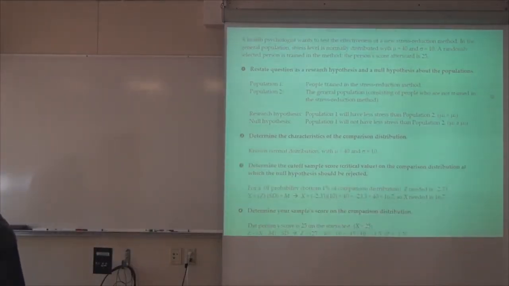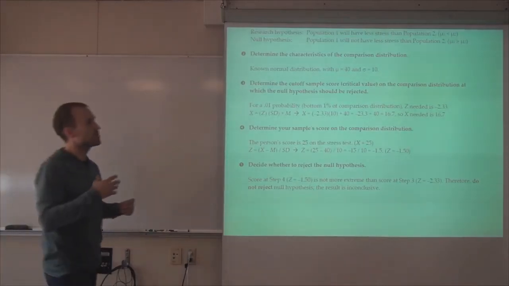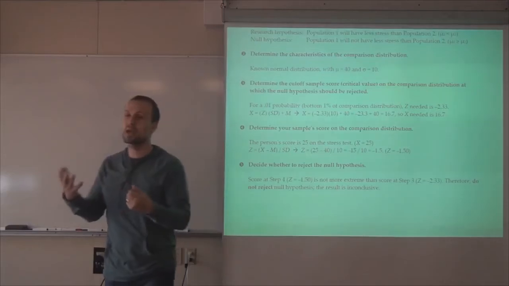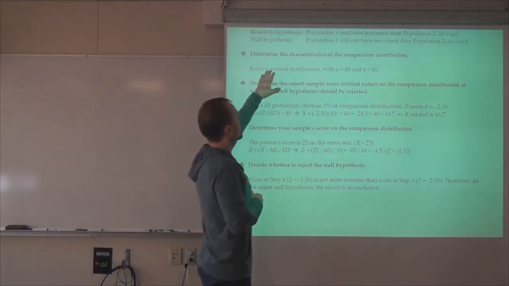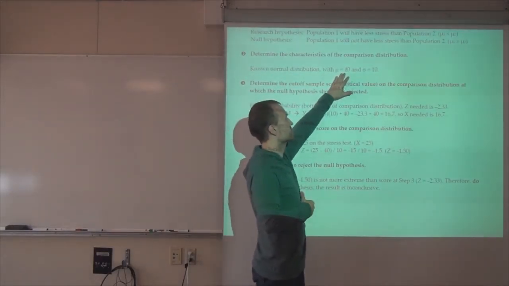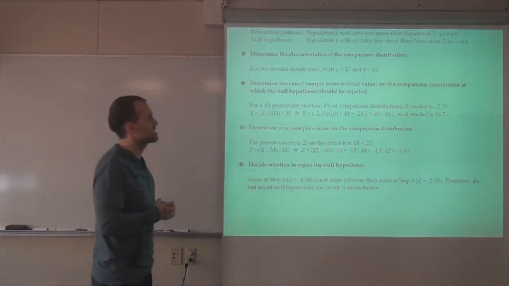So now, what are the characteristics of my comparison distribution? What is the distribution that I can compare this sample to? Well, it's a normal distribution. People in general have an average stress rating of 40 and a standard deviation of 10.